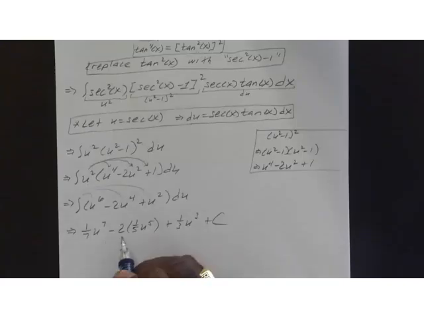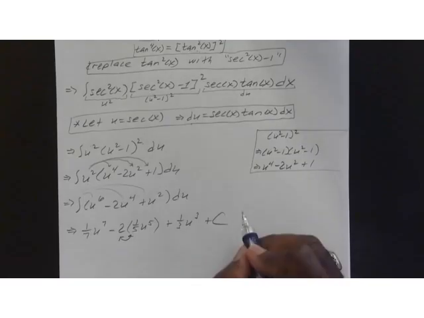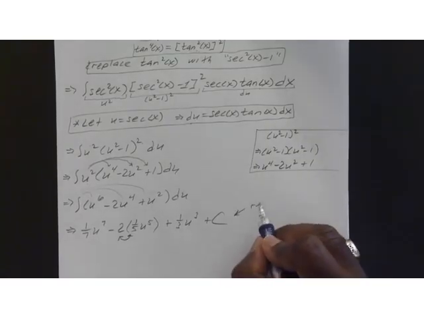Okay, and other than multiplying this -2 and 1/5, the only other thing we have to do here is just replace u.